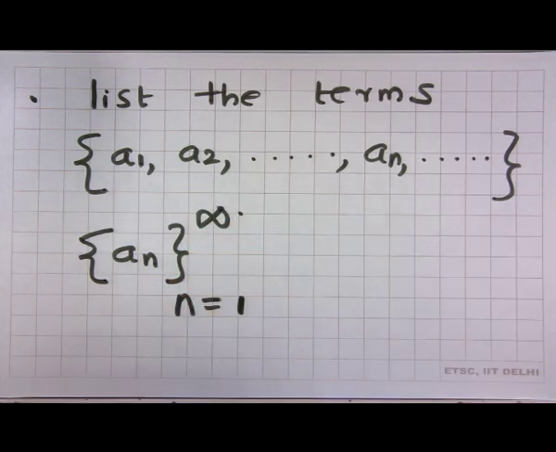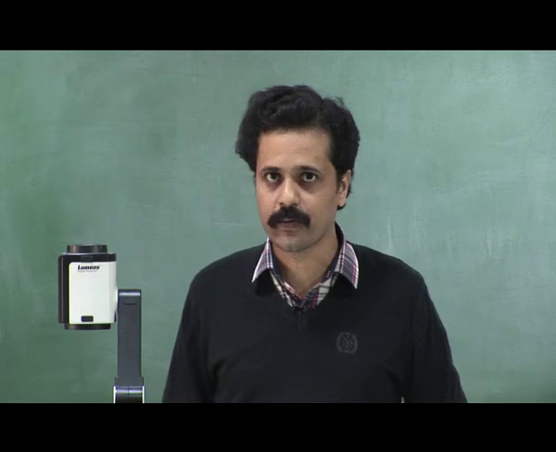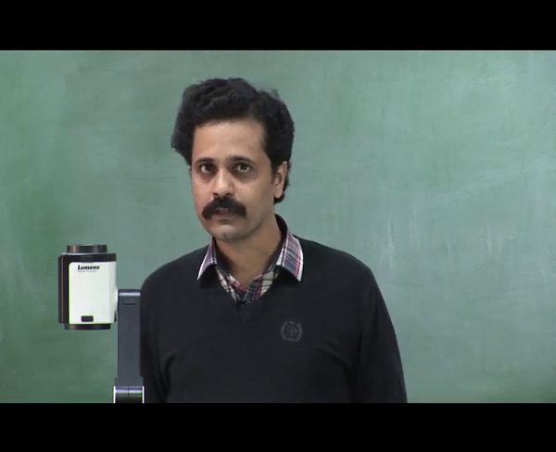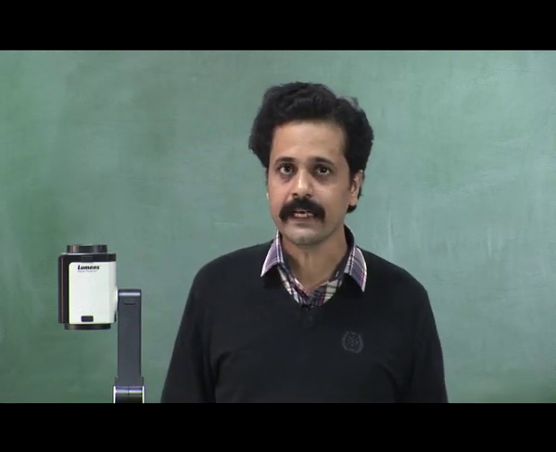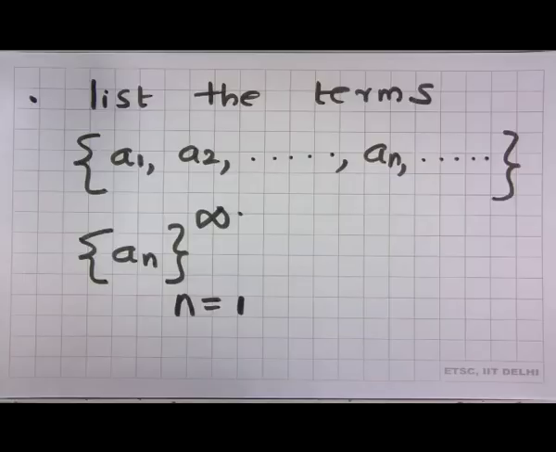So far, we have seen two ways of describing a sequence. One, write a rule that provides you the nth term in terms of n. Or we can list the terms inside a set, set A1, A2, A3, and so on, An, and so on. Or in a compact manner, it can be written as set An, n equal to 1 to infinity.